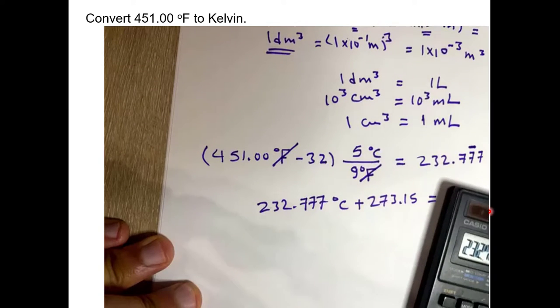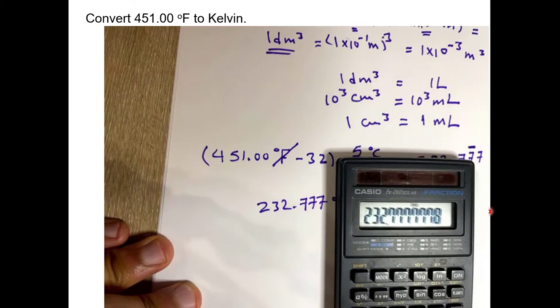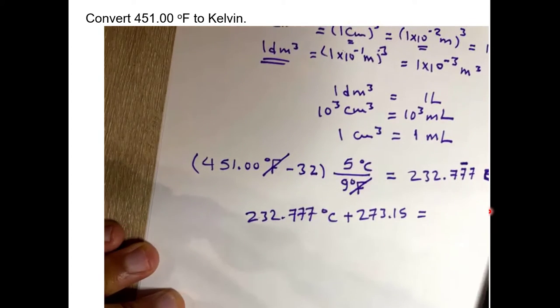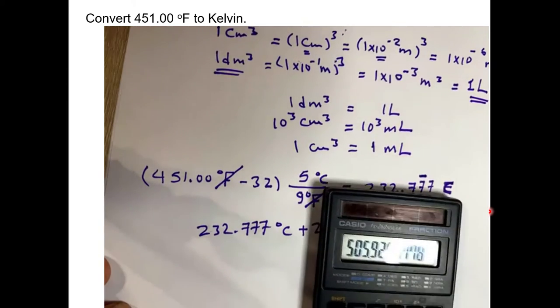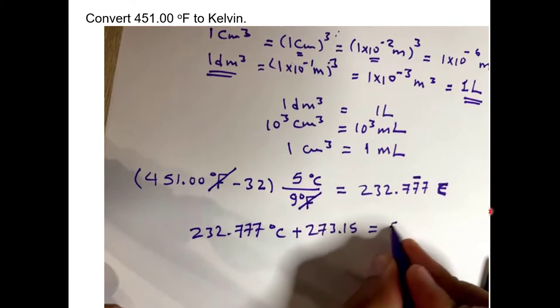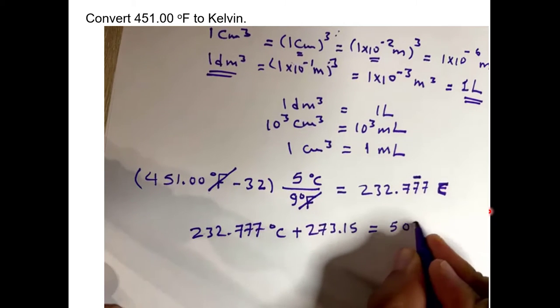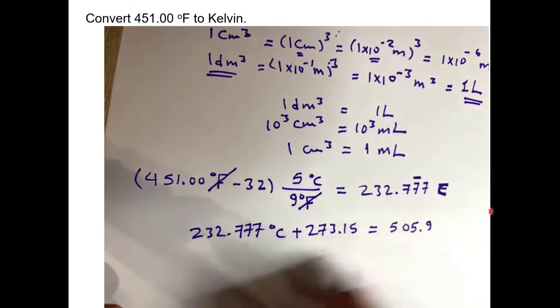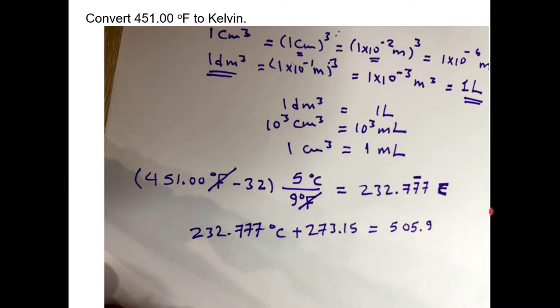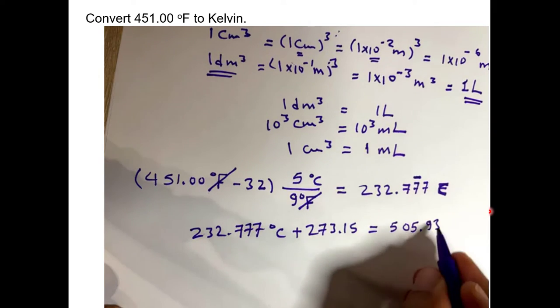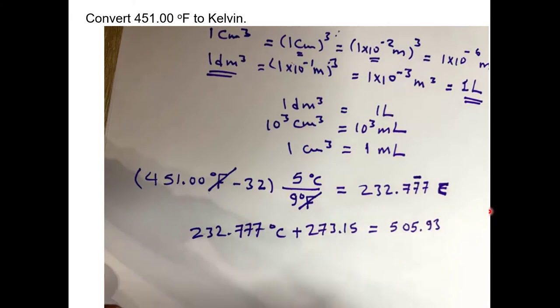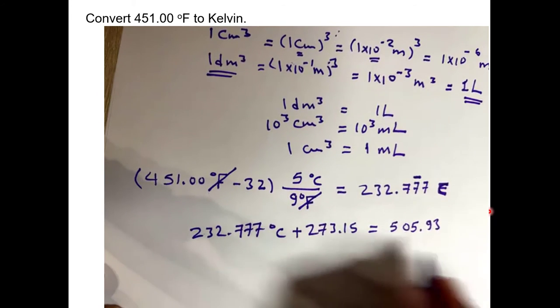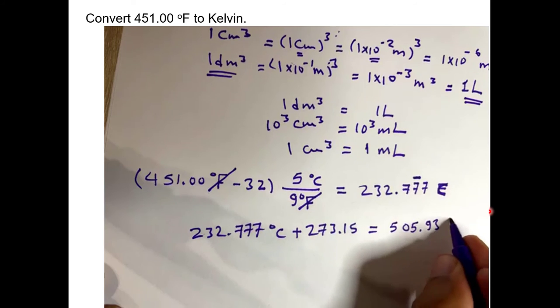So we take this number, add 273.15, and that will give us 505.93 when we round it, and we stop at that decimal place for this calculation in Kelvin.